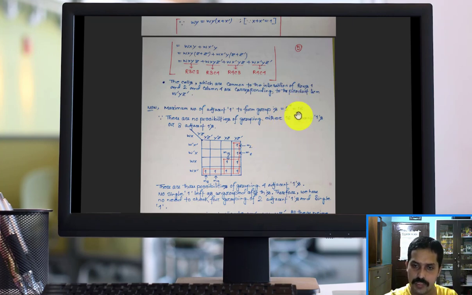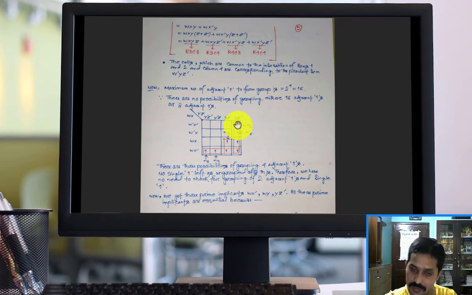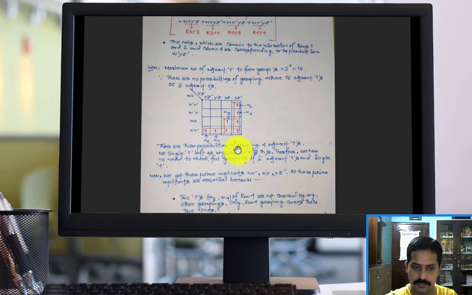So 2 to the power 4, 16 ones, doesn't exist. 2 to the power 3, 8 ones, does not exist. Then 2 to the power 2, 4 ones, exist. This is one group, this is one group, and these 4 ones will make another group. We can consider grouping by overlapping. Overlapping exists for grouping in the K-map method.